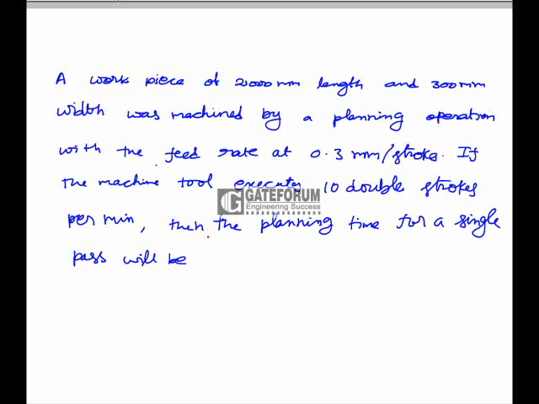A workpiece of 2000 mm length and 300 mm width was machined by a planing operation with a feed rate of 0.3 mm per stroke. If the machine tool executes 10 double strokes per minute, then the machining time for a single pass will be. Single pass means it is not for the complete operation. For a single pass, the machining time is equal to B by F into 1 by number of double strokes per minute.